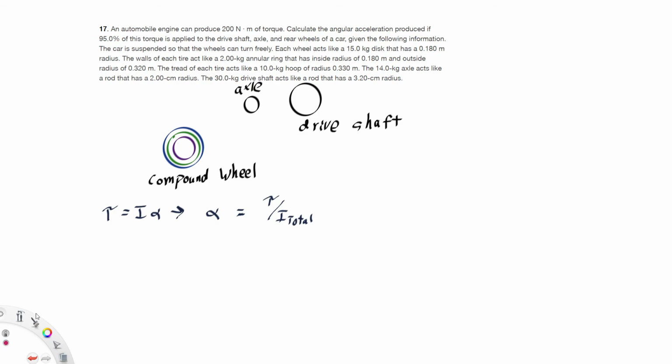The beautiful thing is that moments of inertia are just additive. If you have multiple components in a rotating system, the total moment of inertia is equal to the sum of all the individual moments of inertia.